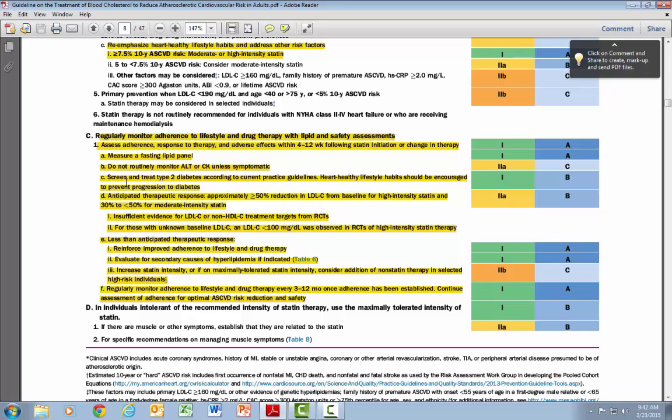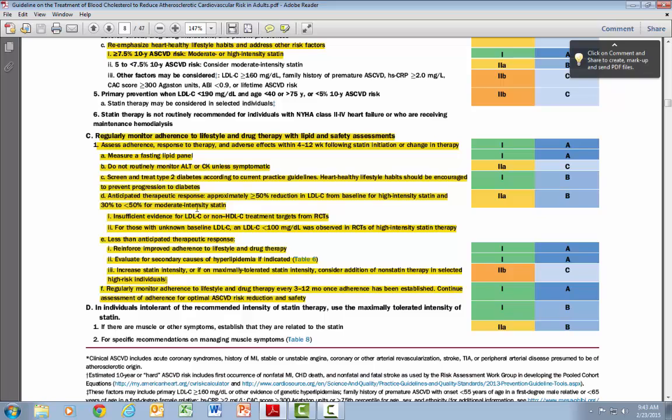You must screen the patient according to diabetic guidelines for diabetes. Again, either a random blood glucose level, 2 hours postprandial glucose, or fasting blood glucose levels, including hemoglobin A1C.